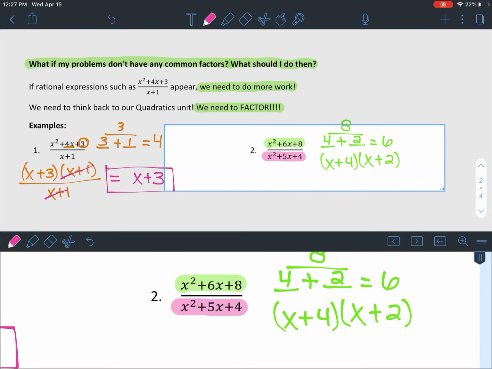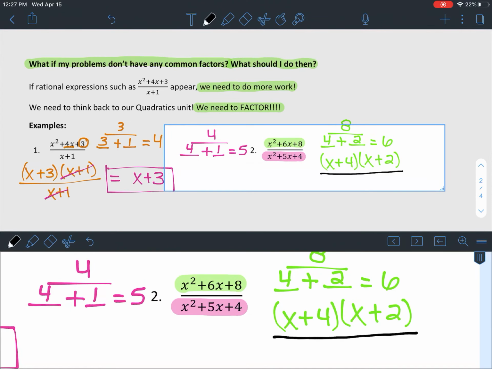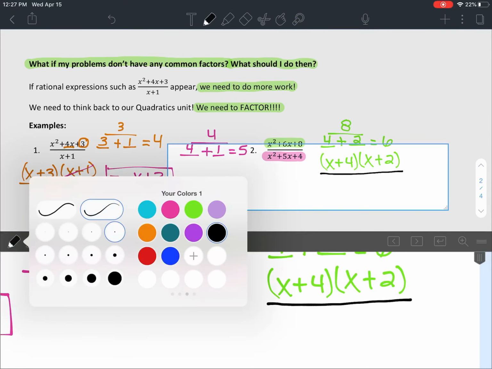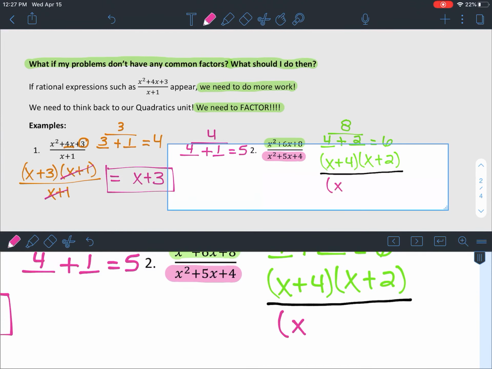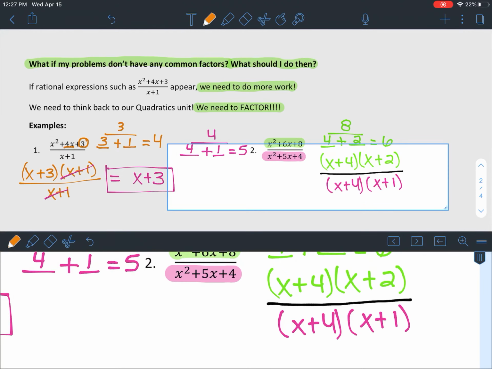Two numbers that multiply to 4 but add to 5 are 4 and 1. So just like I did over here in green, I'm going to have x plus 4 and x plus 1.